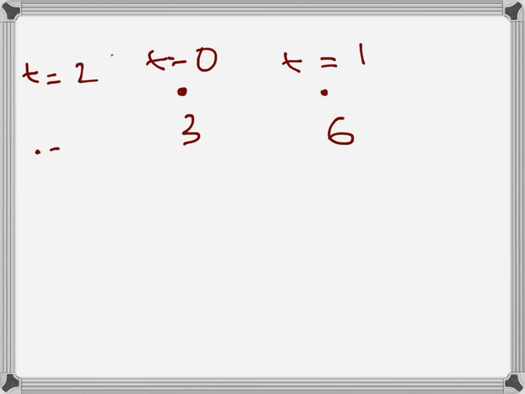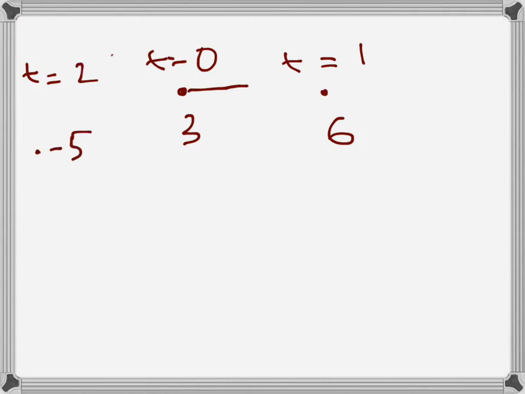That means when t was 0, let's say it's here at this point, x is 3. This is when x is equal to 6. And at t is equal to 2, this is minus 5.